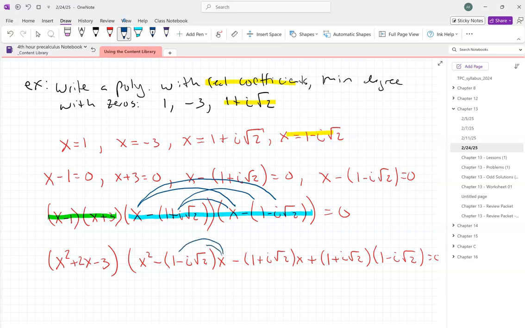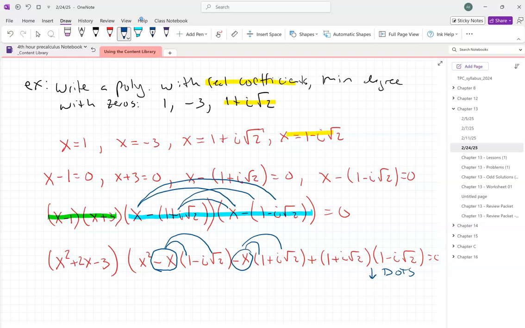I'm then going to, I should have probably written it, I'm going to put those x's in the front. It'll make the arithmetic a little bit easier if I do that. Now I'm going to distribute these through. When I do that, though, I've got to remember to take my negative sign with me. And then this thing I'm going to also FOIL out, but I notice that that is just like a difference of 2 squares, right?